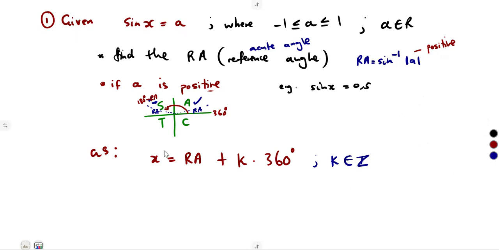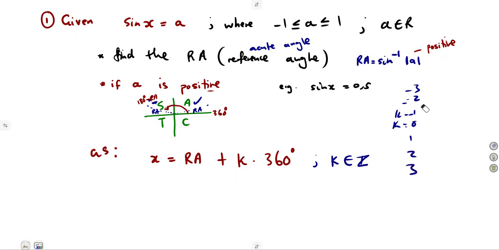So this is the solution which represents all general solutions that lie back in the first quadrant: reference angle plus k times 360 degrees. k can be substituted with integers to obtain exact values: 0, -1, -2, -3, 1, 2, 3.